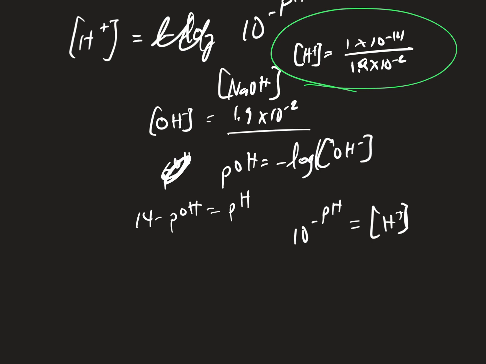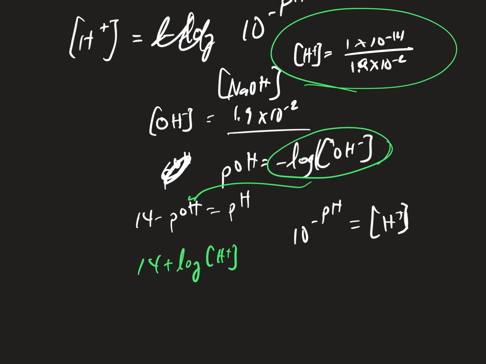Well, the negative log of the OH should tend to. So if the pOH is this, plug that into here. So 14 minus or plus log of the H plus, and that's the pH. And then it's 10 raised to that power, or the negative of this, is going to be the H plus concentration.